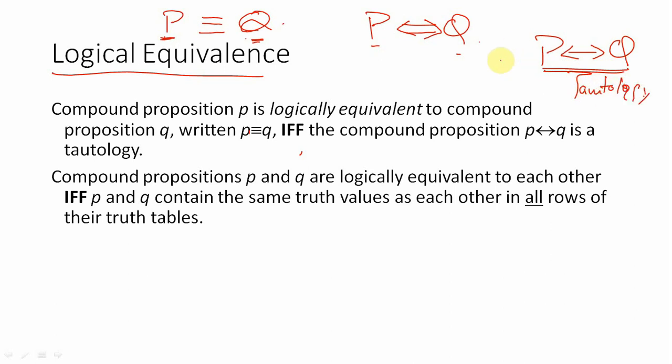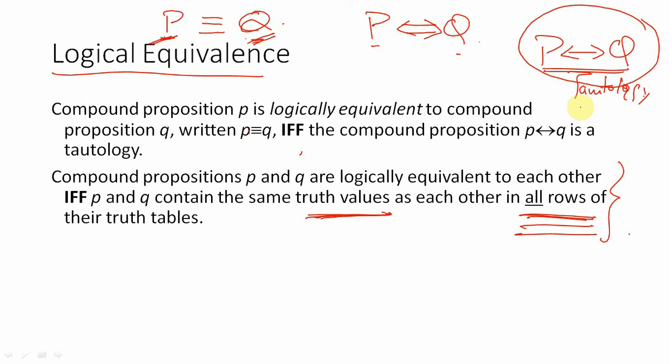So to verify whether these two compound propositions are equivalent or not, you can either make the truth table and see that both P and Q contain the same truth values in all the rows, or you can use this to verify that it is a tautology.